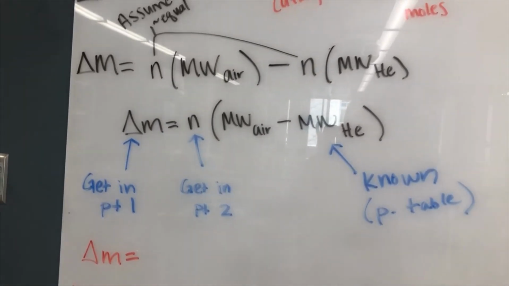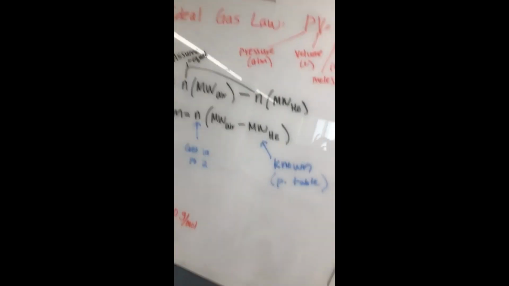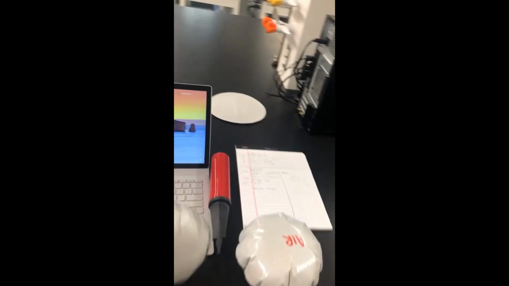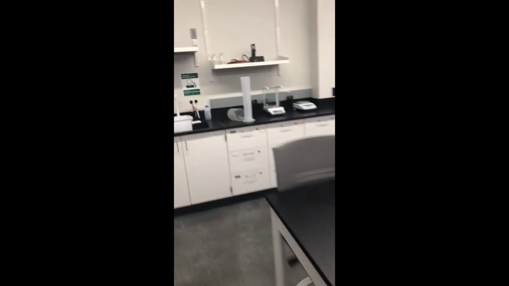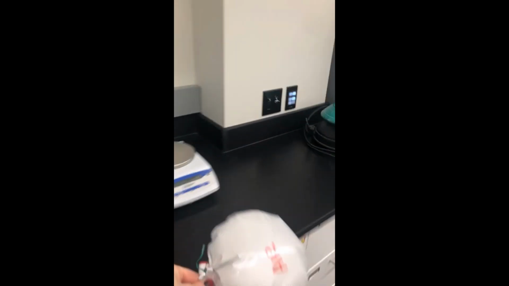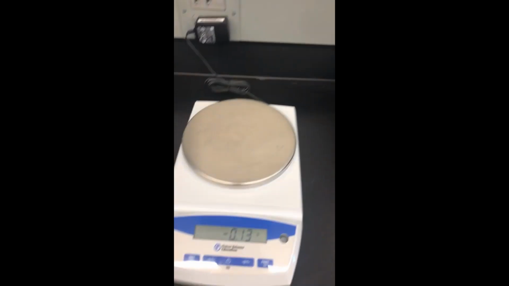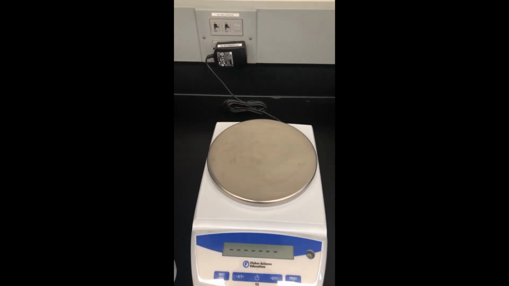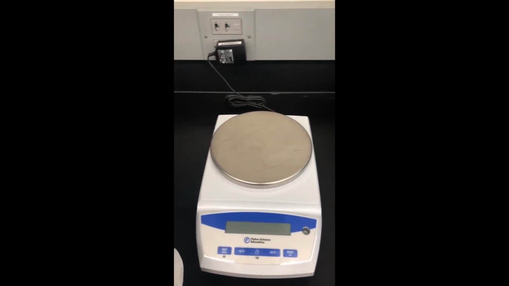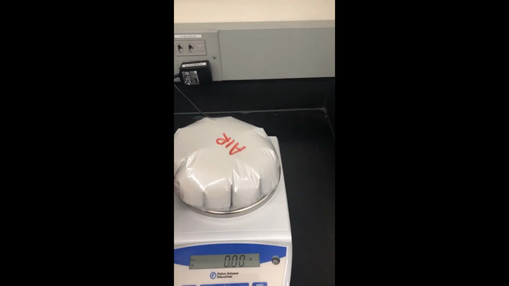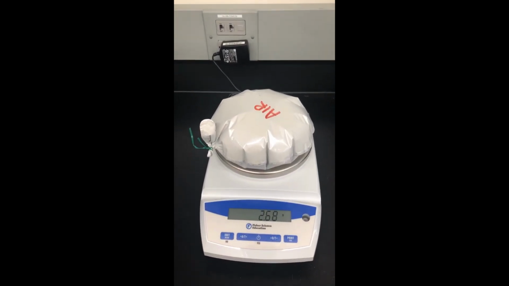So to start off part 1's data, we're going to take the mass of these 2 balloons. So we will come on over to this balance. First, make sure to zero it. The mass of the air balloon is 2.68 grams.